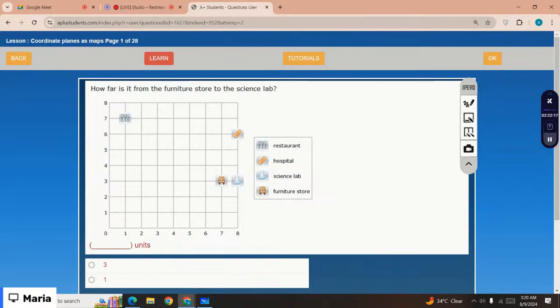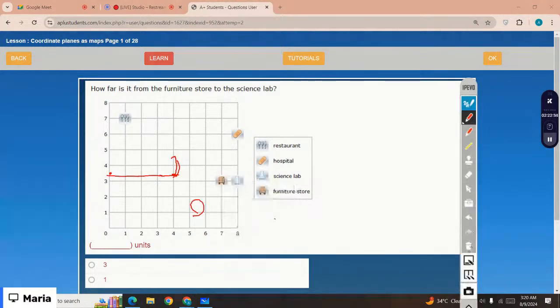Okay, so from the furniture store to the science lab, right? So where is the furniture store? Here is the furniture store, and here is the science lab. So the distance between the furniture store and the science lab is only 1 unit. The correct option is 1 unit.